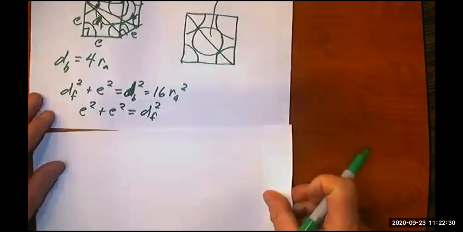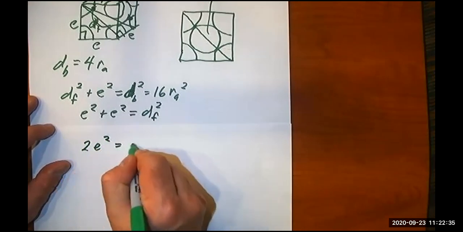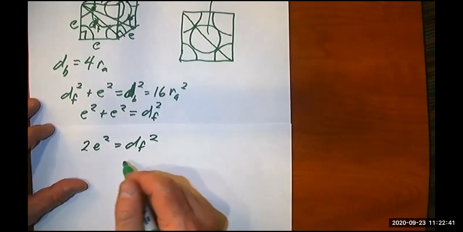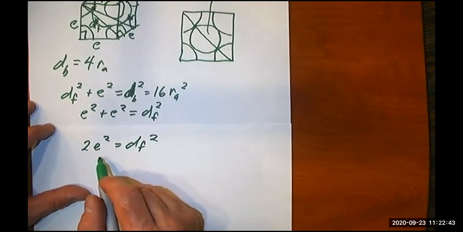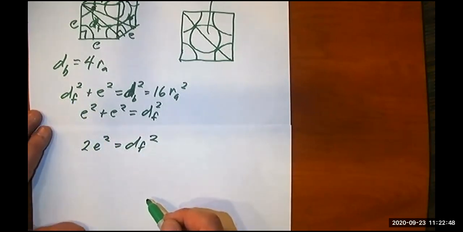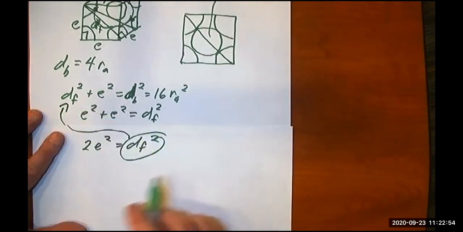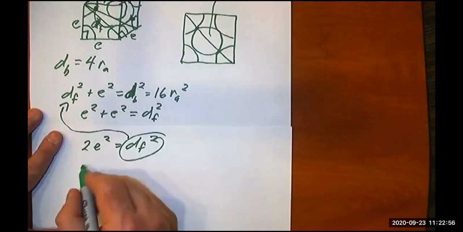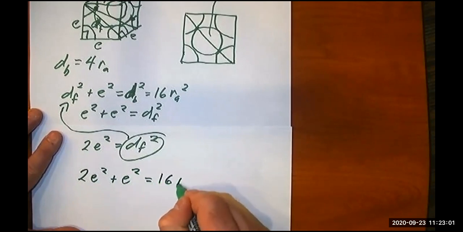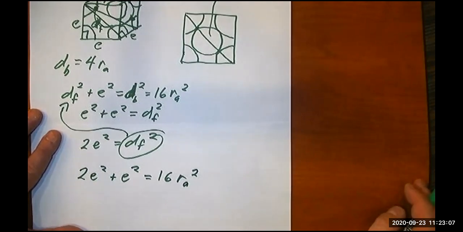Continuing on, we can simplify this one to 2e squared equals d_f squared. We now can plug the d_f squared into here, right? So plugging this in for that, we have 2e squared plus e squared equals 16 r_a squared, right?